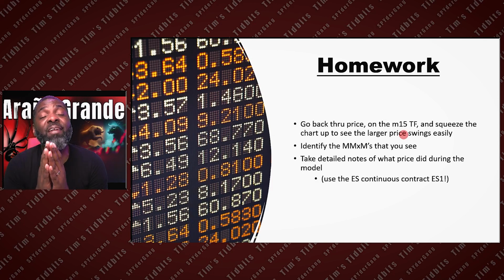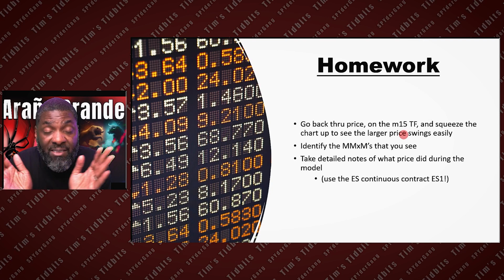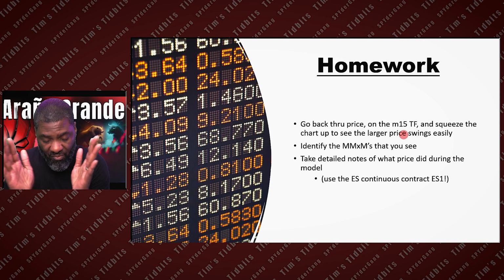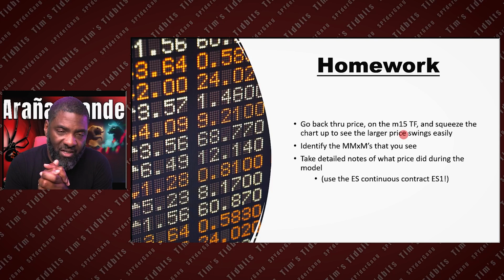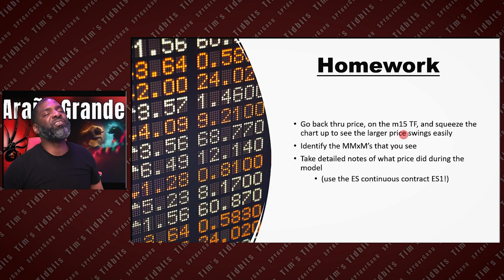And then I want you to identify the market maker models that you see on the 15-minute time frame, using the ES continuous chart on TradingView, that's ES1 exclamation point, and take detailed notes on what price did during those models. Do it for market maker buy models, do it for market maker sell models, and take copious notes on what price did.